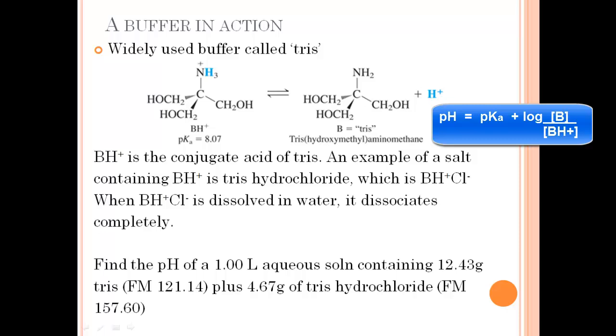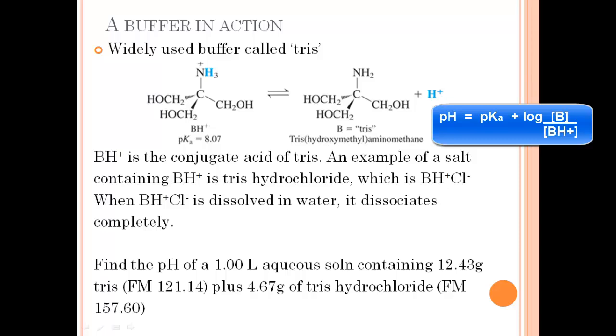So pH is equal to the pKa, and since I know that tris is a weak base, I'm going to go ahead and do the weak base HH equation. So pKa plus products, which is the weak base, over the weak acid conjugate, BH plus.